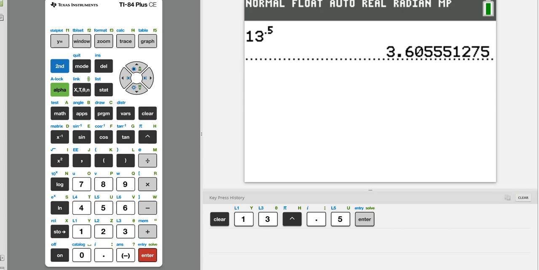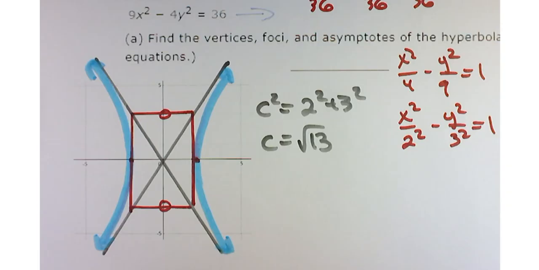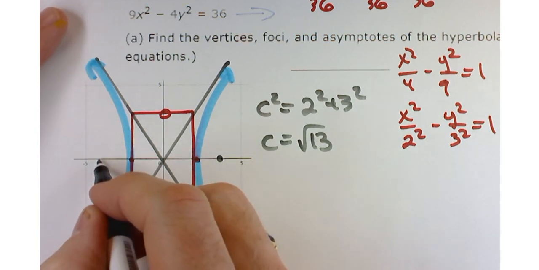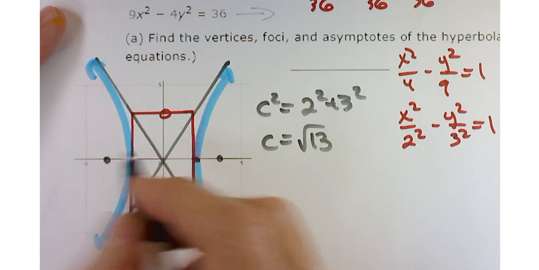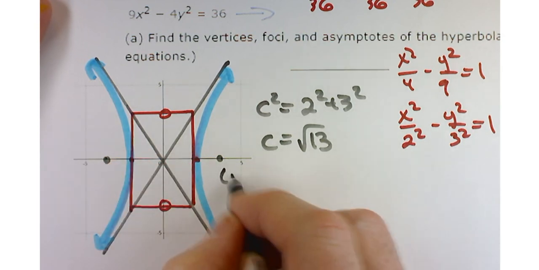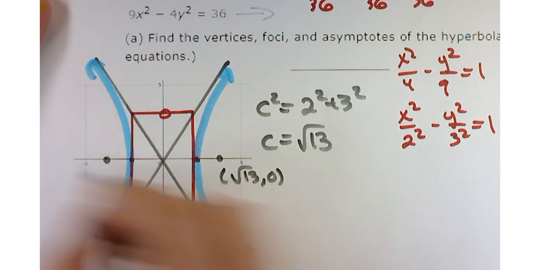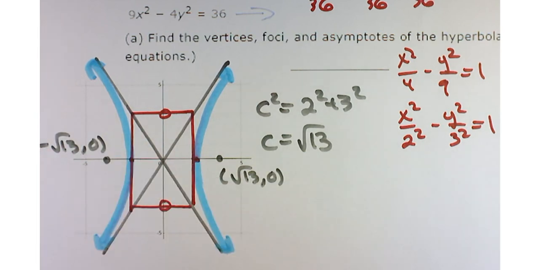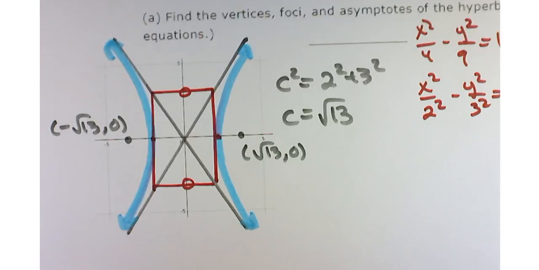So if you wanted to put this on a graph and be reasonably accurate, about 3.6 and about negative 3.6. So somewhere in there. Now, as far as labeling it, it's going to be square root of 13 and 0, and negative square root of 13 and 0. But you can still put it in the right place.